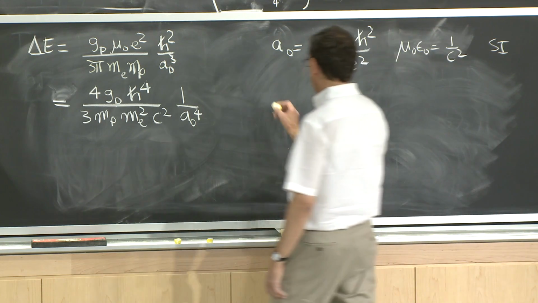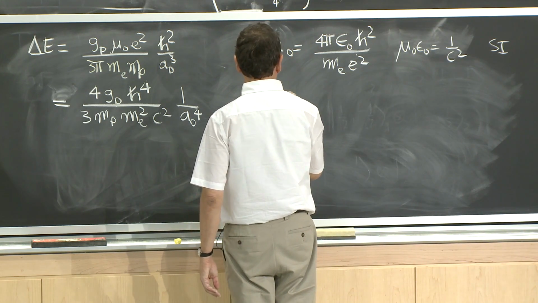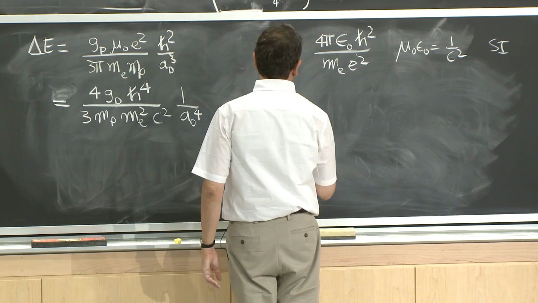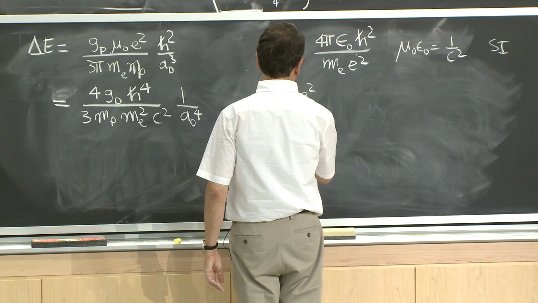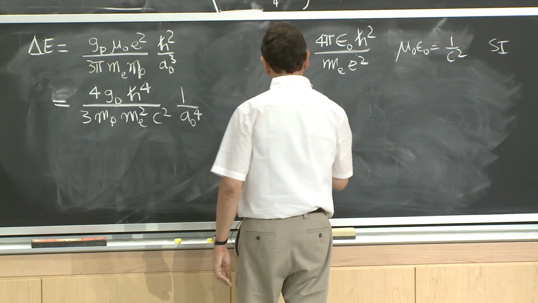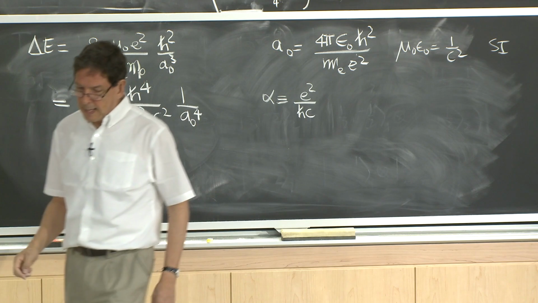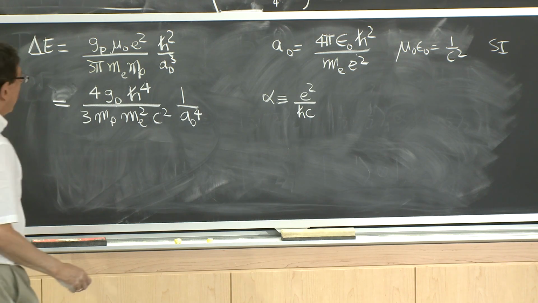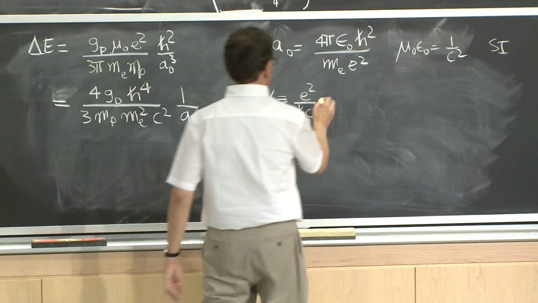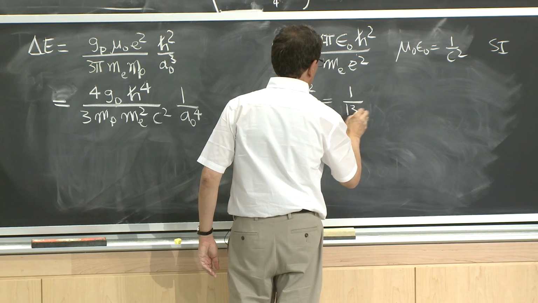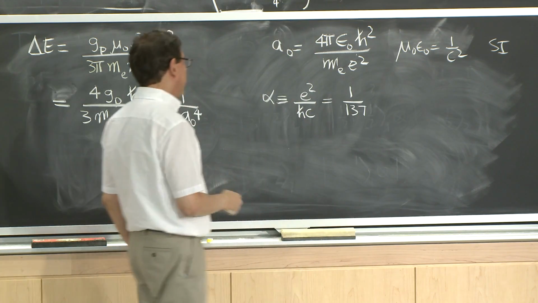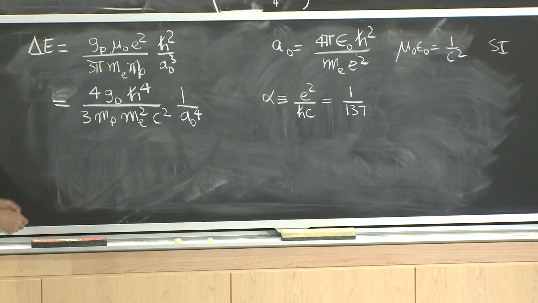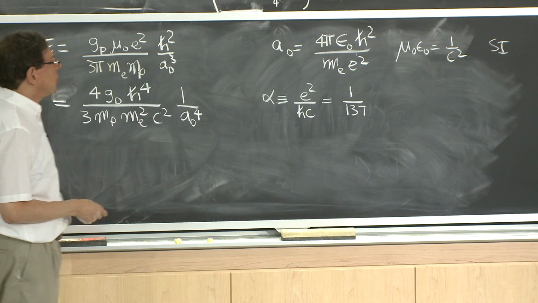You can use whatever units you want. And there's the so-called fine structure constant, alpha, which in Gaussian units is e squared over hc. And this quantity is 1 over 137. It quantifies the strength of electromagnetism, and it's worth trying to write things in terms of this. Of course, you need to know what A0 is, and you can look it up.